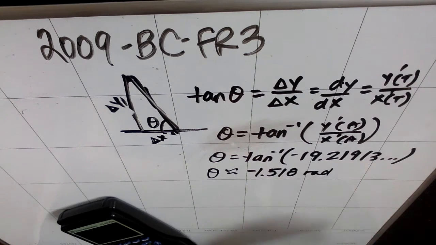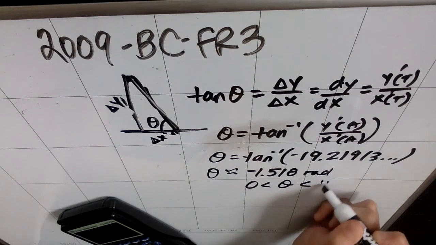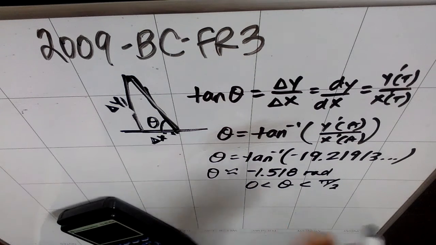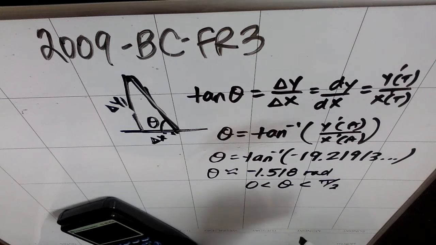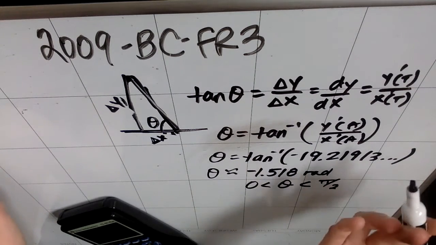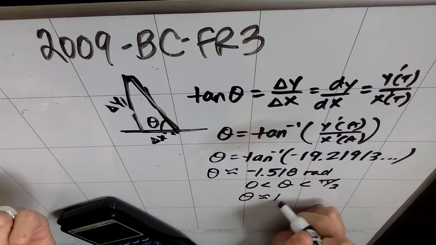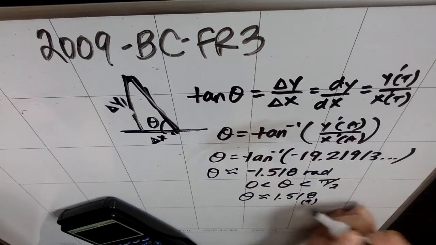radians. But they gave us the window that they wanted it to be between 0 and pi over 2. The reasoning is that they're asking what acute angle is equivalent to this, and the acute angle that's equivalent would be the positive 1.518 or 1.519, depending on if you round or truncate.